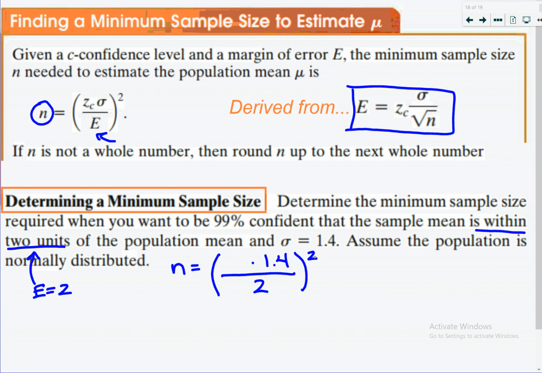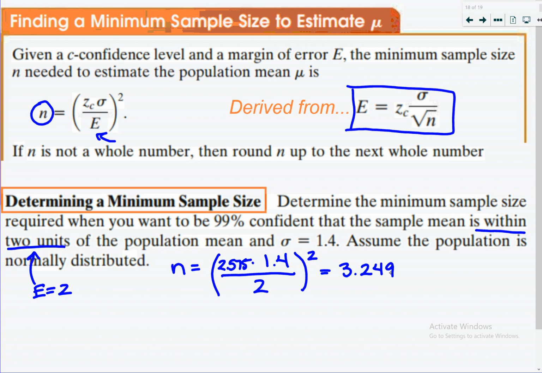If it wasn't, we would draw the curve and figure out what area is in the tail. It's 2.575. Then you type it in your calculator: 2.575 times 1.4 divided by 2, squared, I get 3.249.